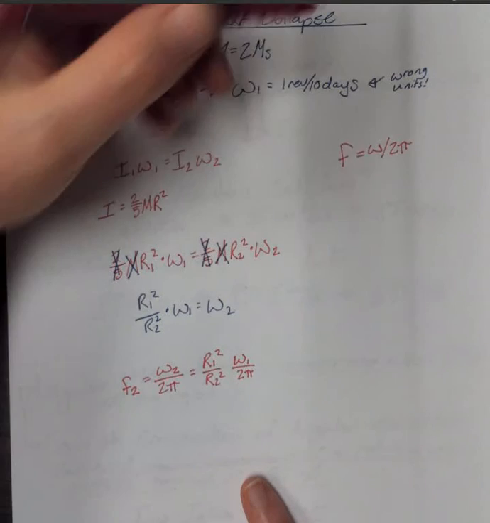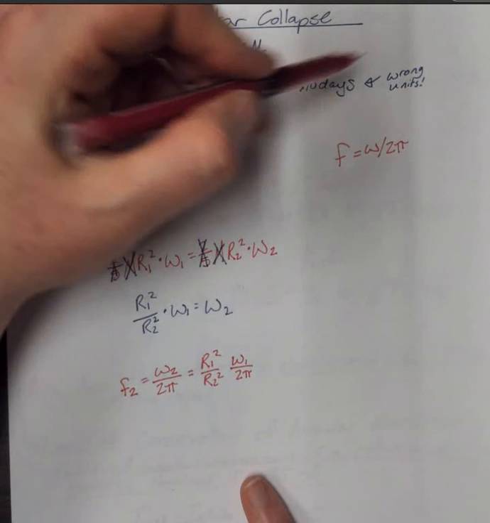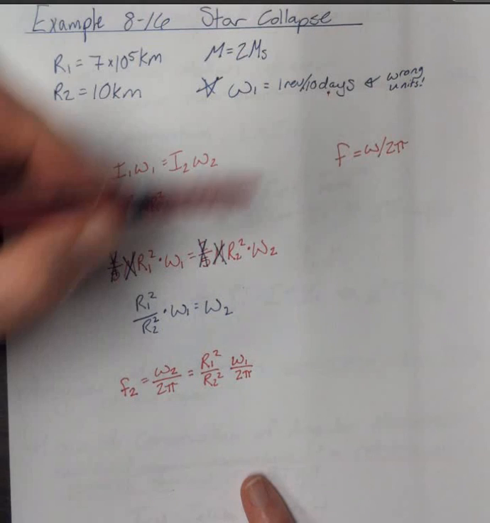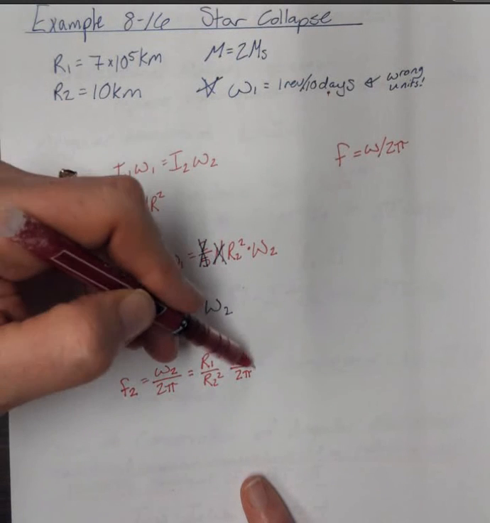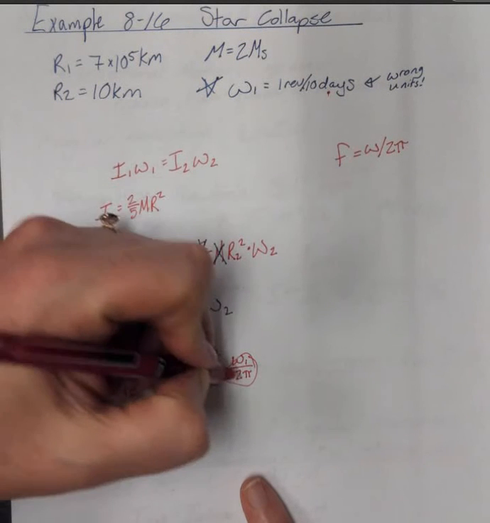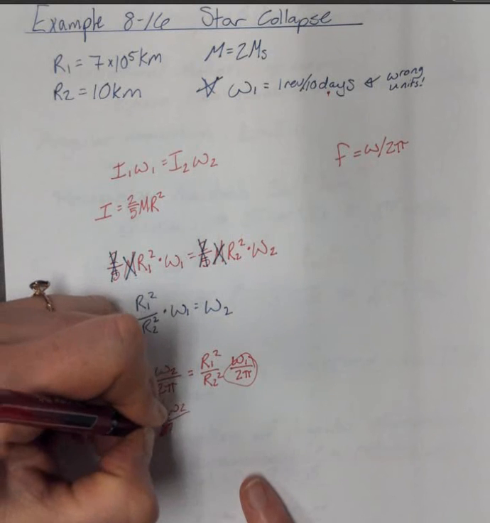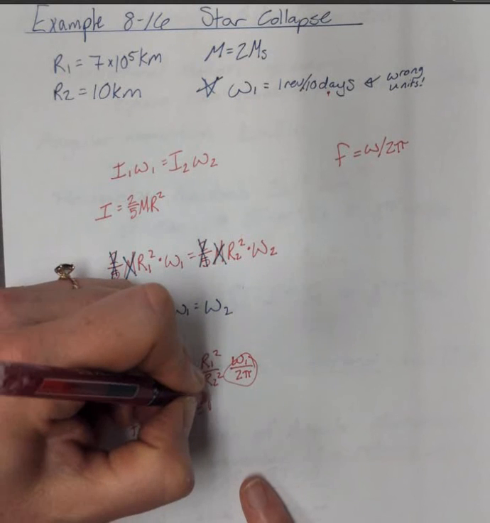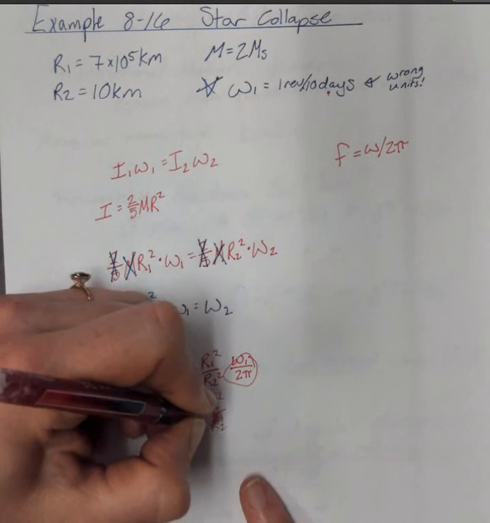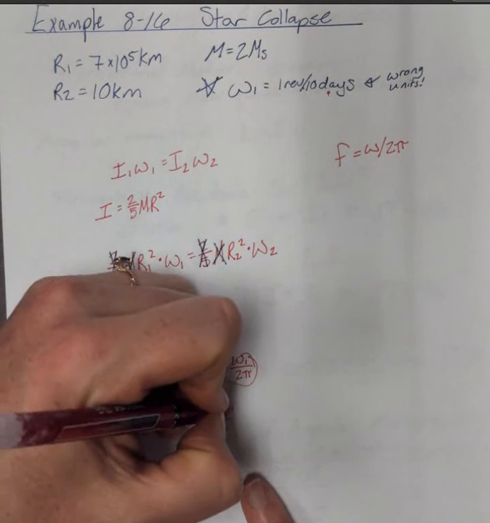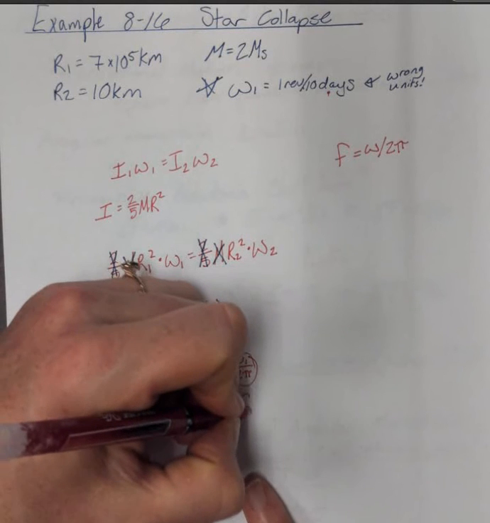So since this is a frequency, if I change this to seconds, I can plug directly in: omega 1 over 2 pi is frequency, so F2 equals omega 2 over 2 pi equals R1 squared over R2 squared times the frequency of object 1.